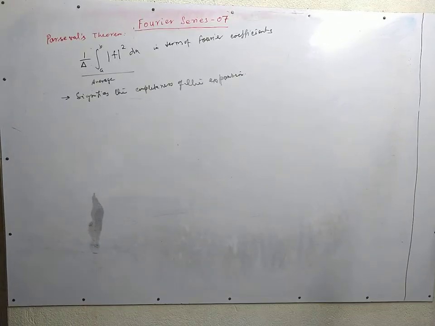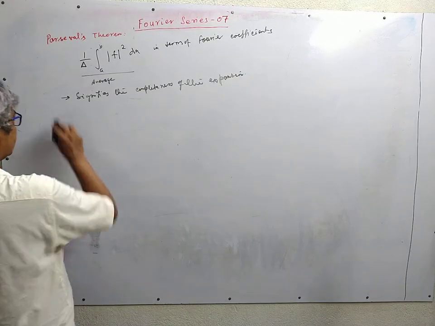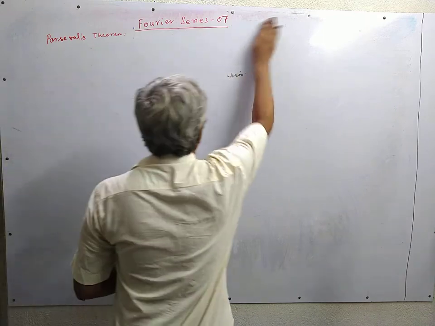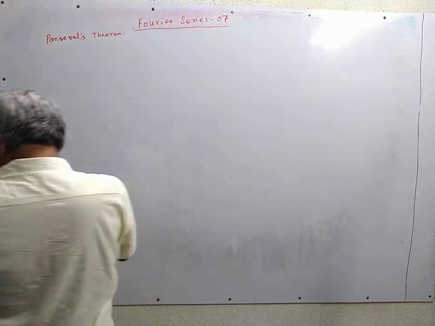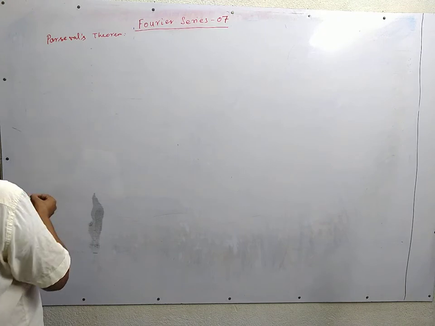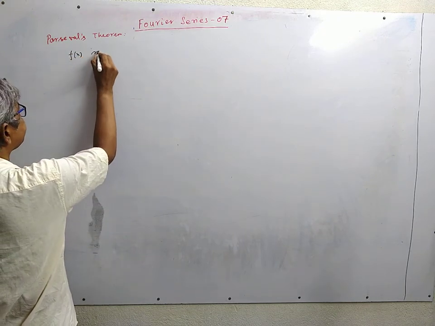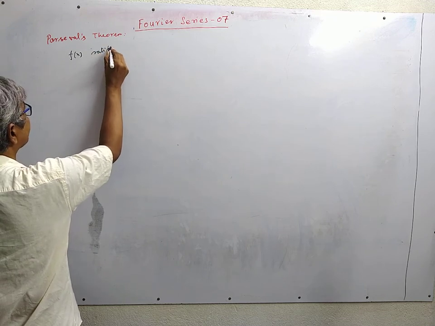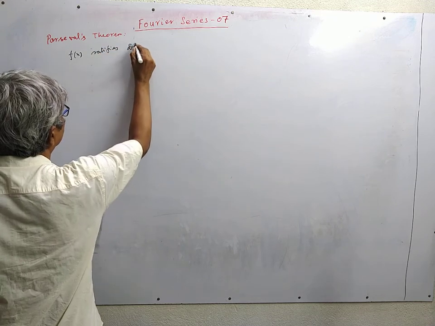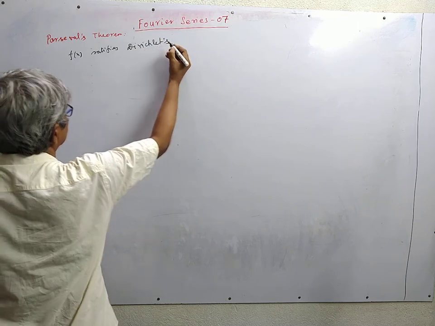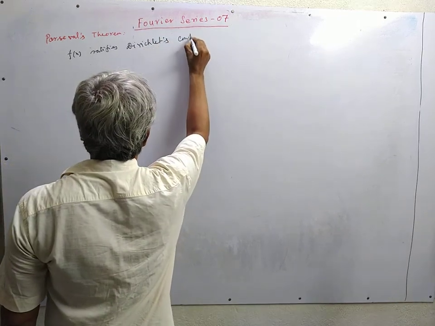First, we have a function f(x) defined and satisfying Dirichlet's condition in (a, b).